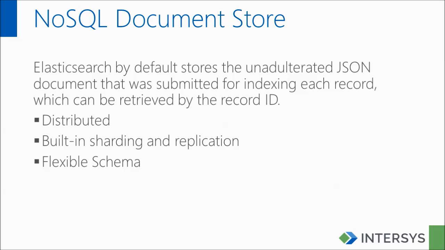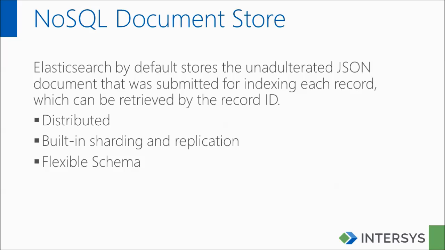One thing that Elasticsearch also is, and I don't know that this was intentional when they started building the product, but in order to facilitate updates of documents that have already been indexed, they store the original document that was submitted for indexing in a field called source.